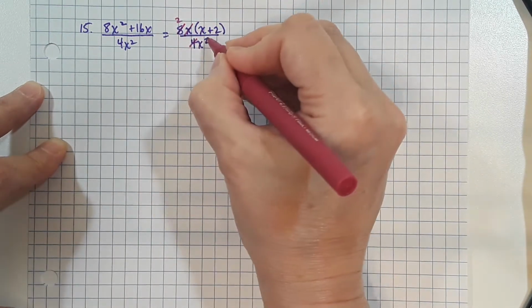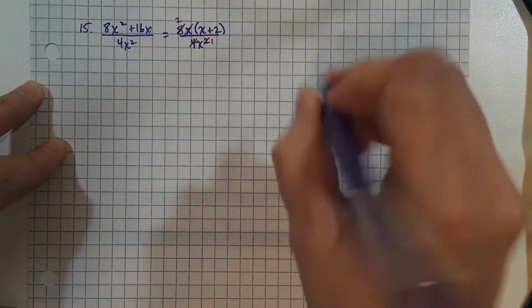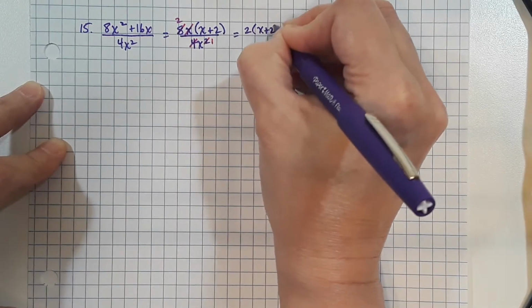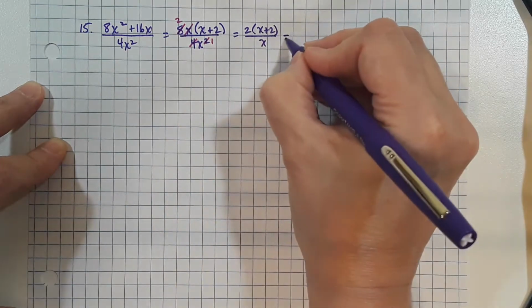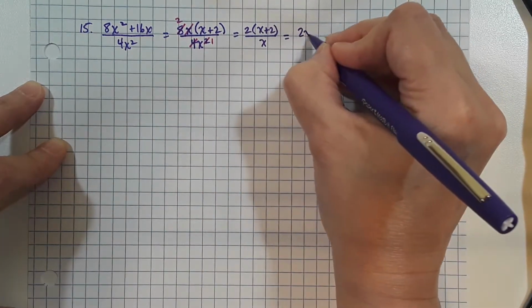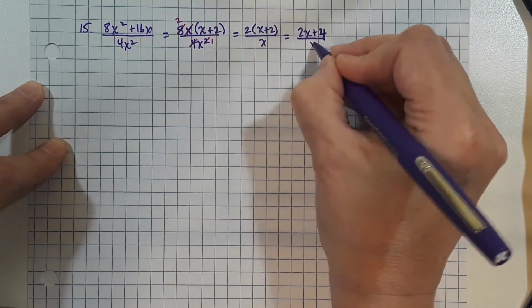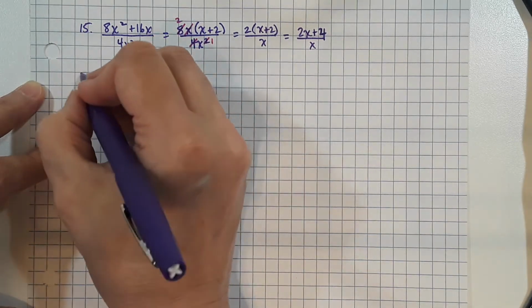I have x, and this becomes an x to the first power. So now I'm left with 2x plus 2 over x. All right, and then just cleaning it up. Sorry, 4x over x. Okay, next problem.